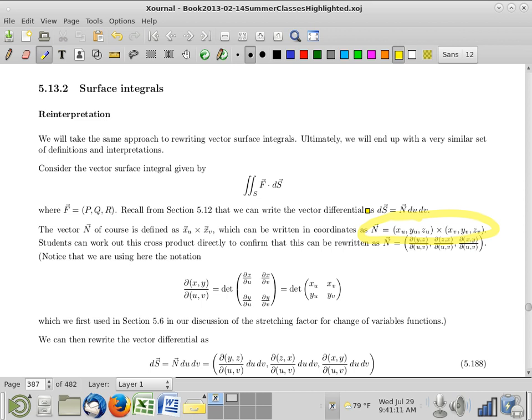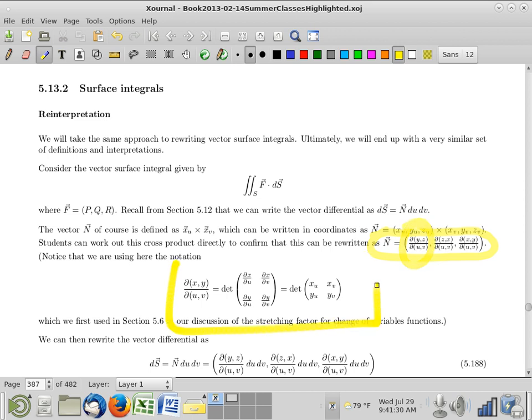Let me refer you back to Chapter 1 on how to compute cross products of two vectors. It's a little symbolic determinant you write down. And no surprise, when you work that out, the individual coordinates of capital N are little 2x2 determinants.